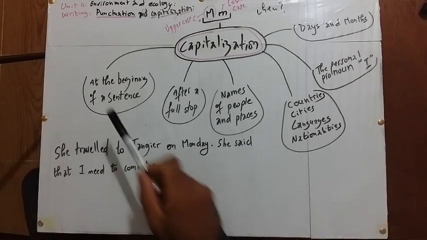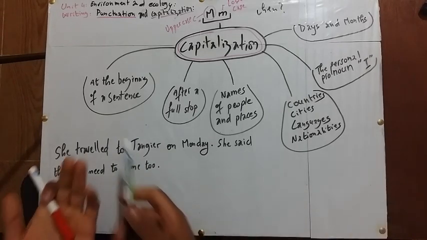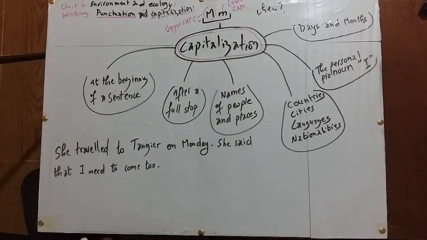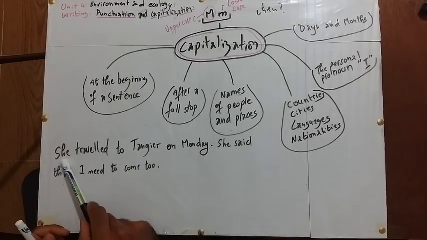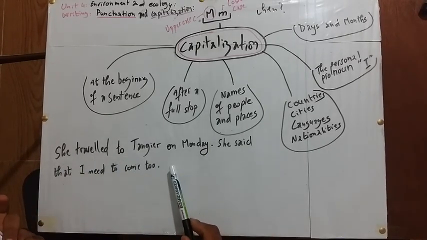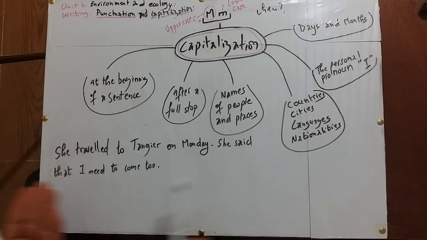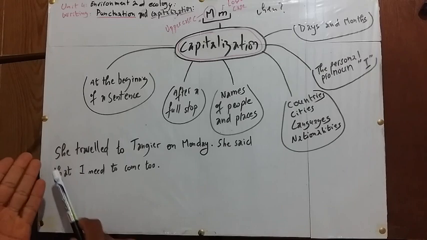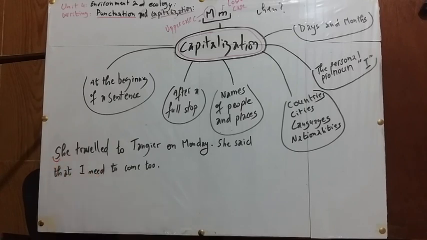First, at the beginning of a sentence. Whenever I want to start a sentence, I start it with a capitalized letter. So here in this example, she traveled to Tangier on Monday. I'm starting a sentence or a paragraph or whatever, so I start it with a capitalized letter. So here I have a capitalized letter.